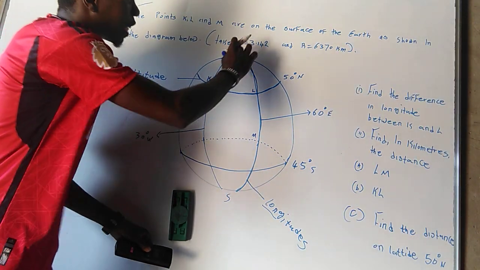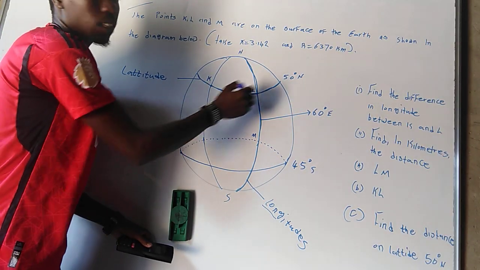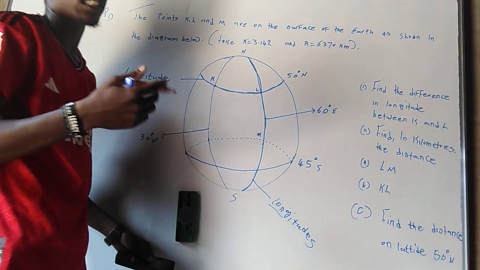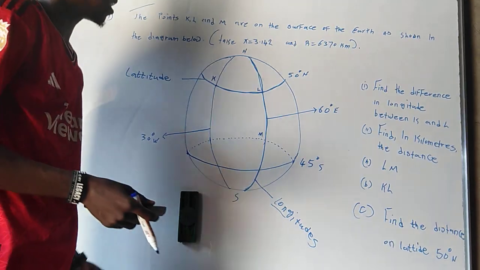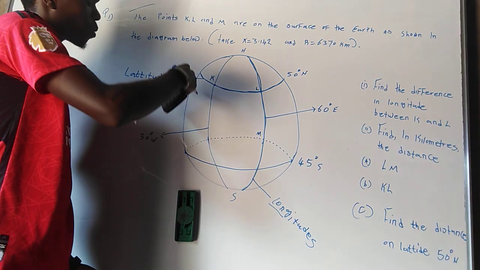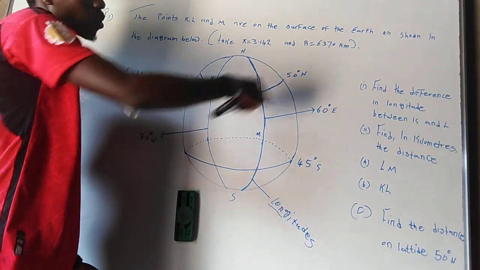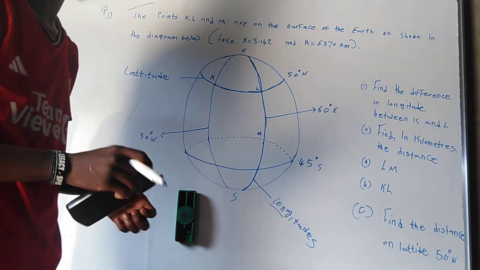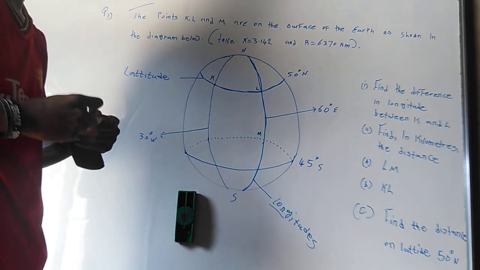As you can see, these lines are longer than these ones, and that's the reason why they're called the longitudes. The lines that run from west to east are the latitudes. These are very important lines whenever you want to come up with positions.